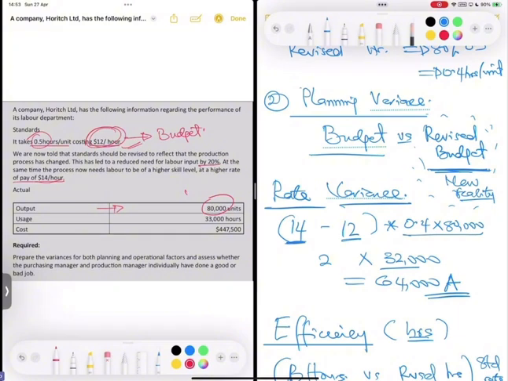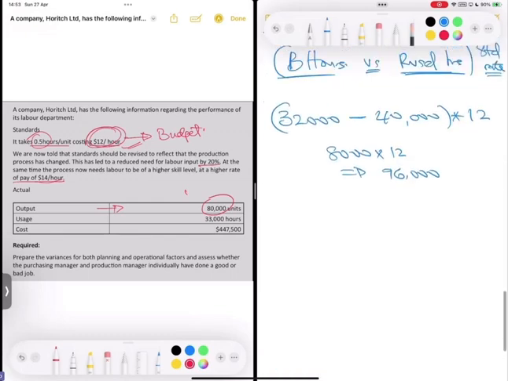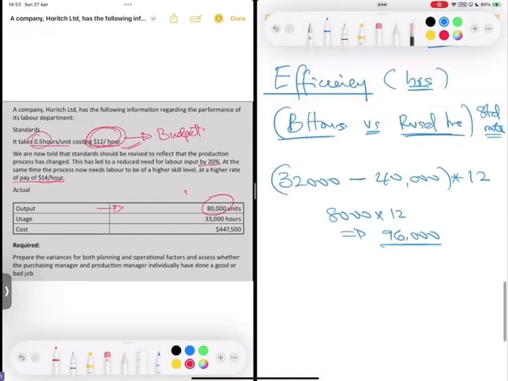Your actual is always the most recent. So when you're comparing two data, the recent data is like the actual because it reflects reality better than the old one. Okay, so 96,000 favorable or adverse? It's favorable then. So that means we used less time. Exactly.